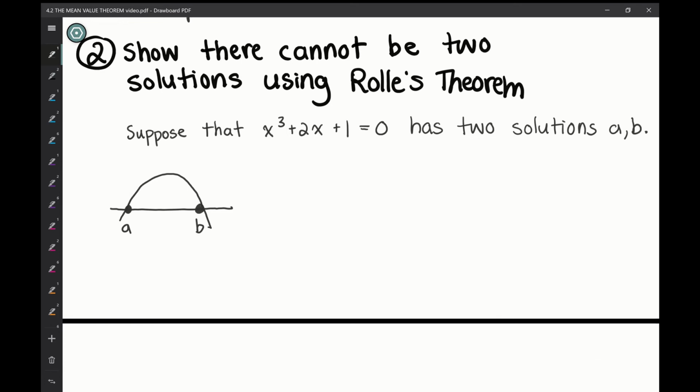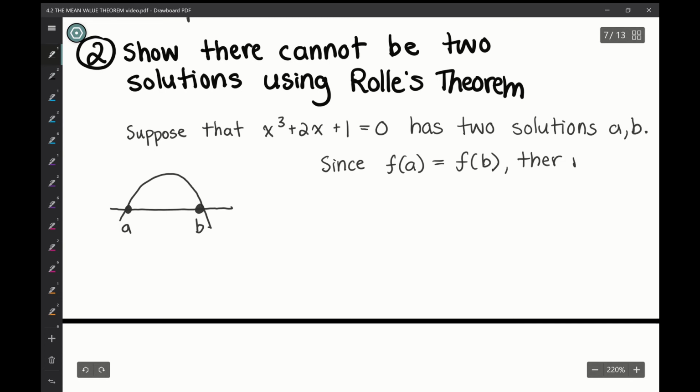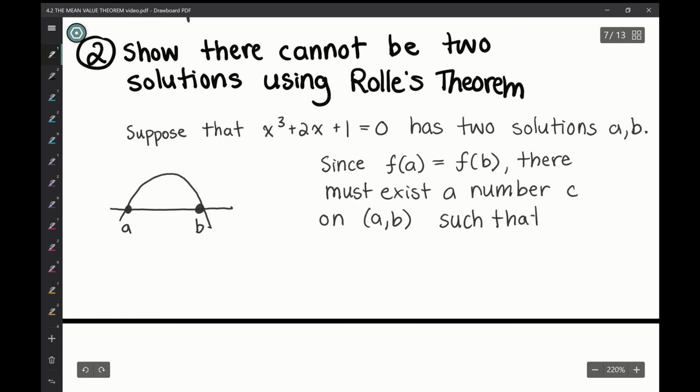So if we have our 2 solutions, solution A and solution B, that means that since this is a continuous function, and since it's differentiable between A and B, and since f of A equals f of B, there must exist a number, which we would call C, on that interval from A to B, such that f prime of C is equal to 0.